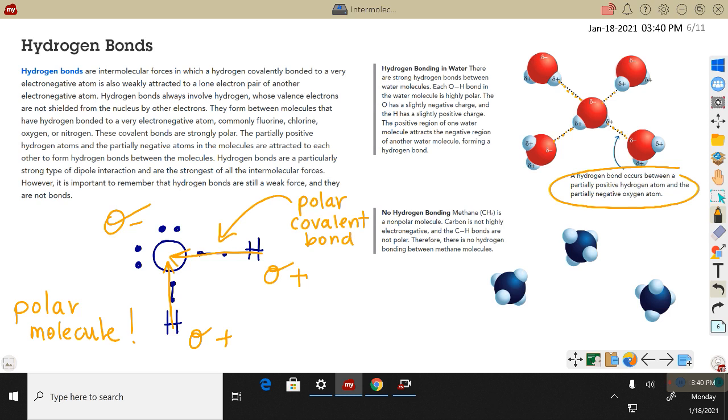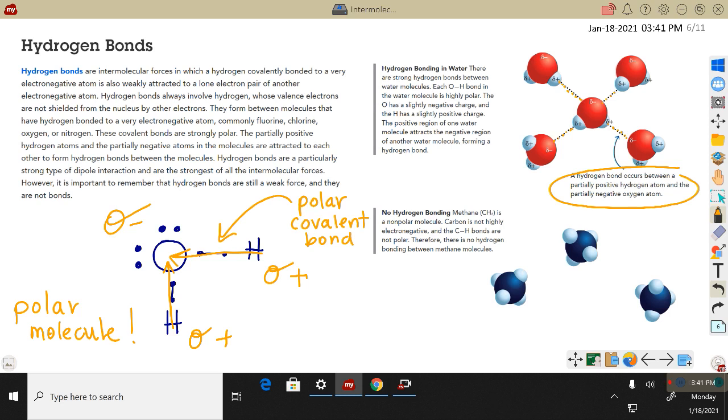So a little bit stronger than, gosh, what did I use? Hot glue, I think, I used as an analogy. If London forces are like Elmer's school glue and the dipole force is kind of like hot glue, maybe this is kind of like super glue. This is a really strong intermolecular force, but it's not as strong as a bond.